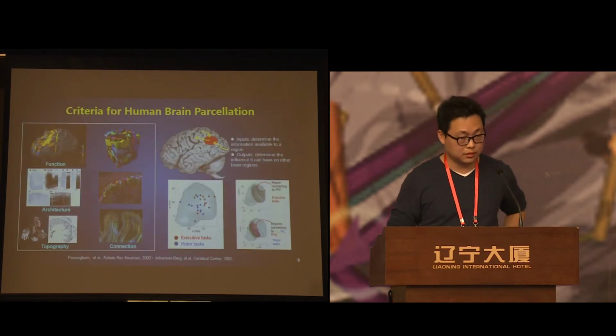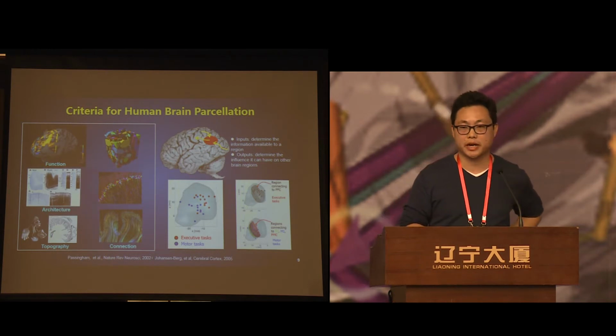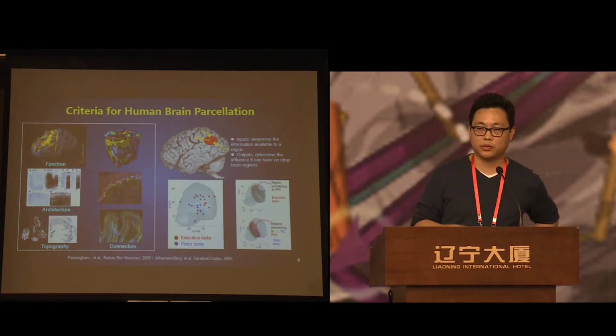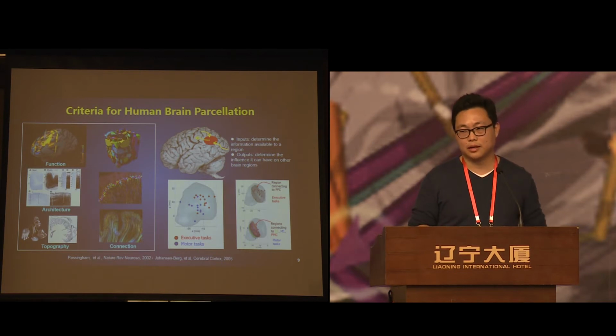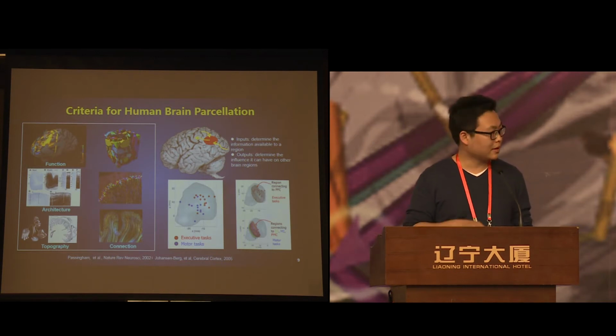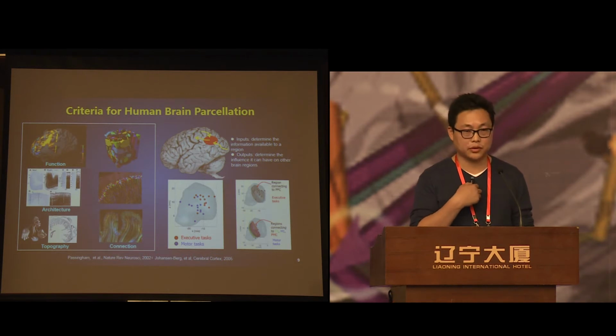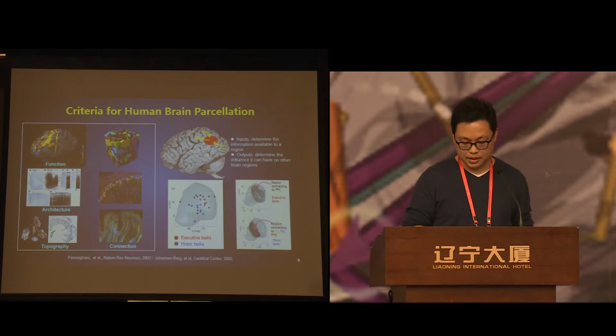So, in summary, there are four main criteria to define a brain area. One is the function, but function is a little bit confusing for identifying brain areas. You can't have a participant do all the tasks in your study. So if you use function to identify the boundary, it's never-ending work. The second is the architecture, usually based on histology. And the third one is topography.